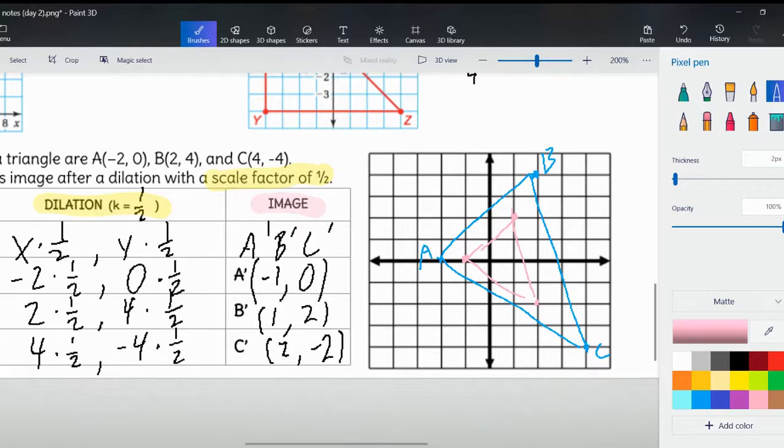All right, so I can use black to label this one just because you'll be able to see it a little better. A prime, B prime, and C prime. Okay, so our new triangle, the rosy kind of color one there, is going to be smaller because our dilation, our K value, our scale factor, was less than 1. It was between 0 and 1.